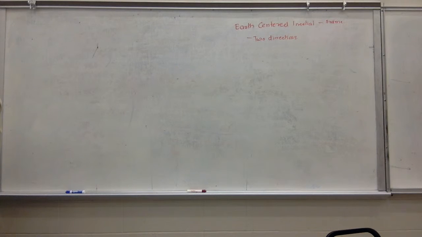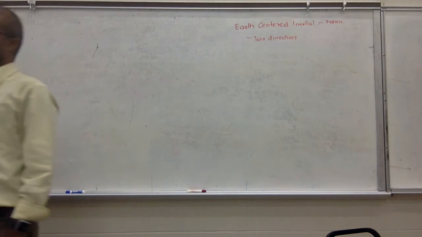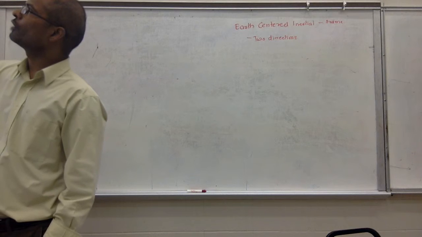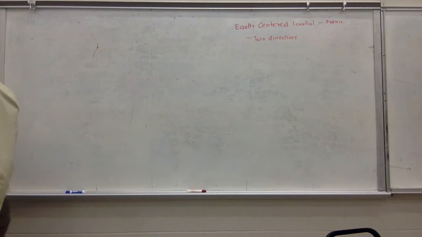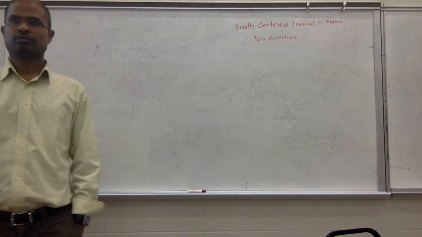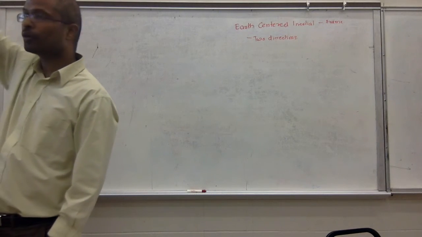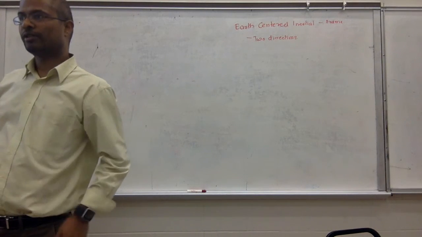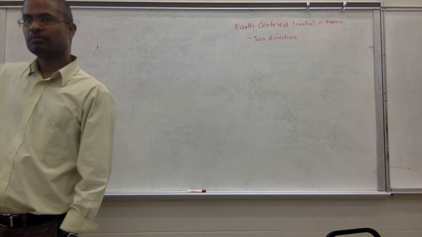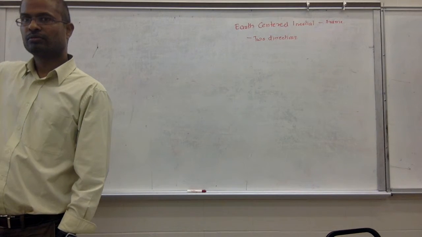You have to understand that the direction of the motion of whatever body we are talking about is this. The direction of motion, if you're looking from the north pole, is anti-clockwise. Direction of motion of the orbiting body is anti-clockwise.